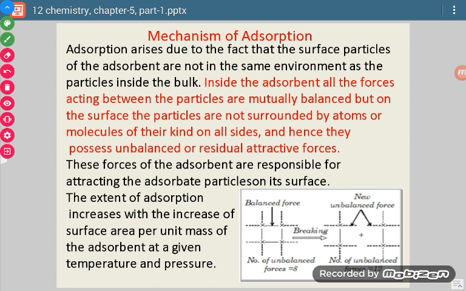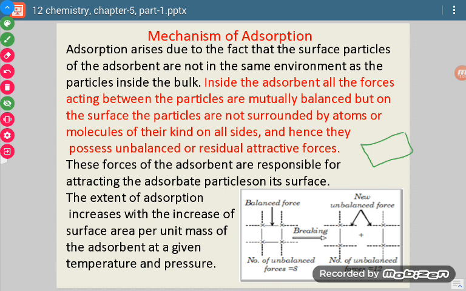Now we come to the mechanism of adsorption. Why does adsorption occur, or what is the mechanism involved in adsorption? Adsorption arises due to the fact that the surface particles of the adsorbent are not in the same environment as the particles inside the bulk. Suppose this is a solid piece of metal.